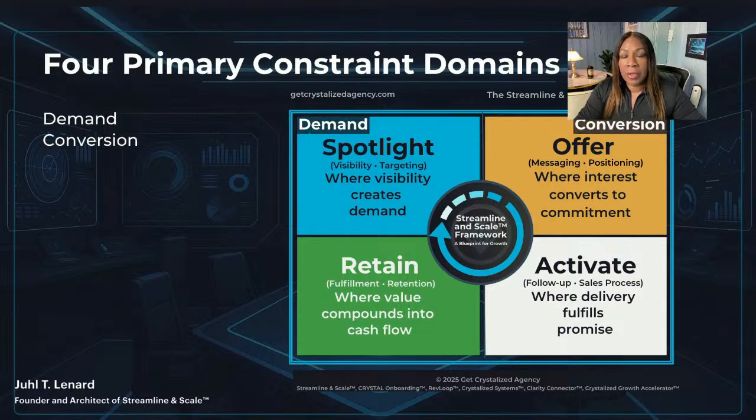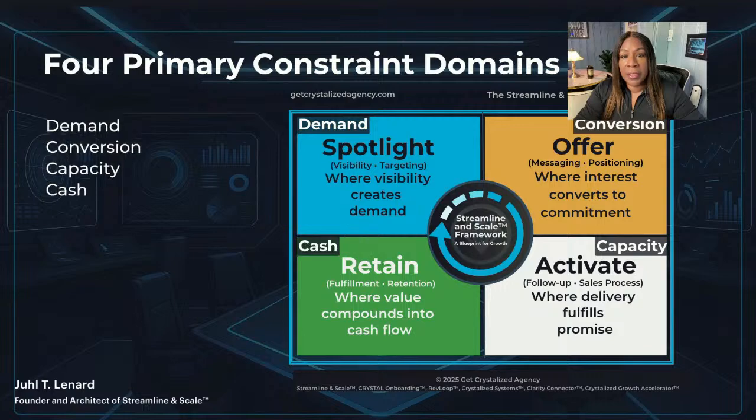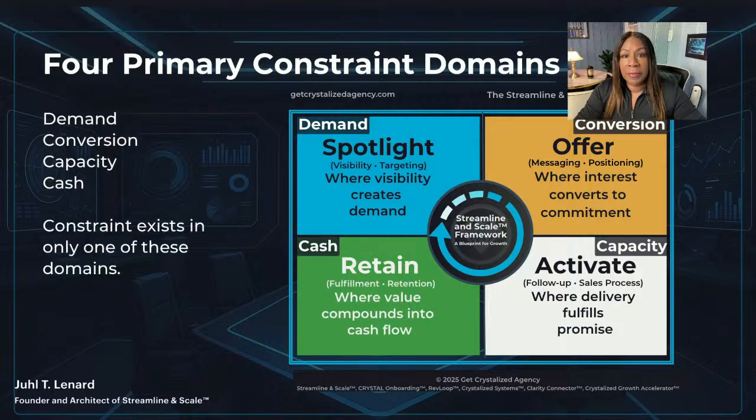Conversion domain constraints are identified and worked through in the Offer quadrant. Capacity constraints in Activate, and cash constraints in Retain. So constraint exists in only one of these domains. That one domain is called the primary domain.